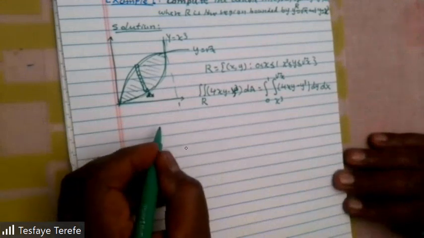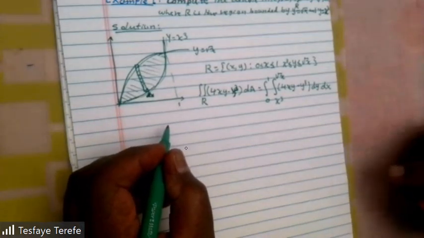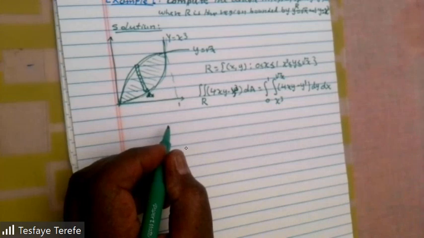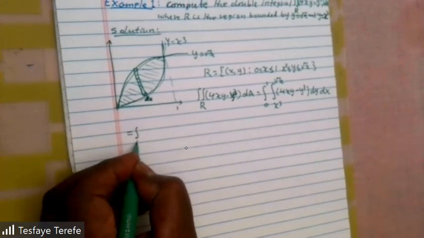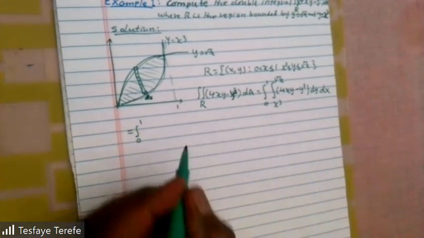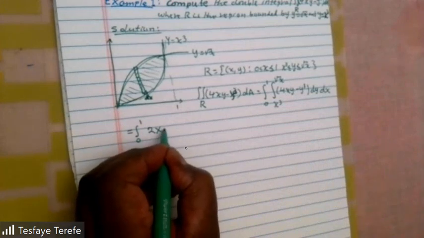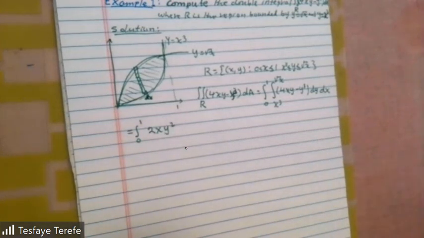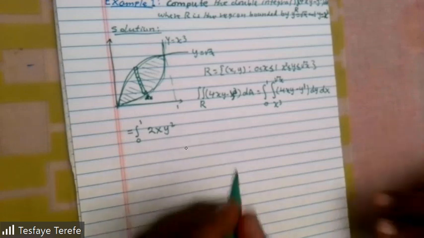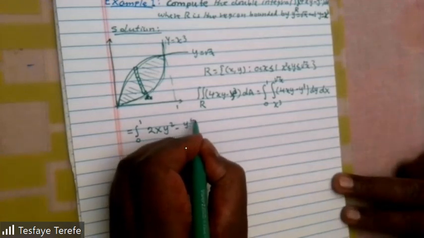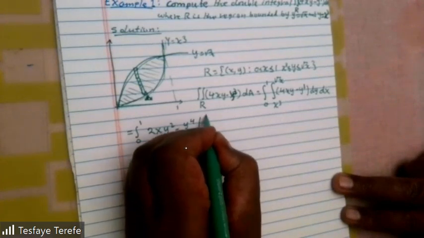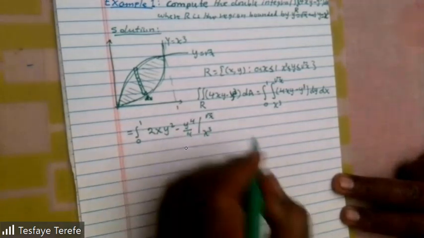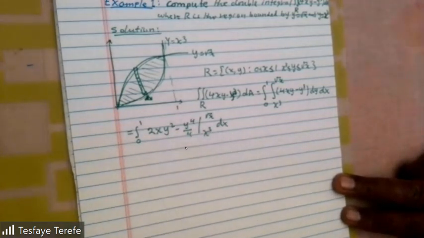After this, the integration part will be very straightforward. Well, let us do it. From 0 to 1, when we integrate this, it will be x y squared over 2, because x is really constant, minus y to the 4th over 4, evaluated from x cubed up to square root of x, and then integrated with respect to x.